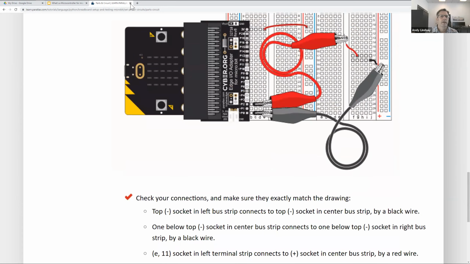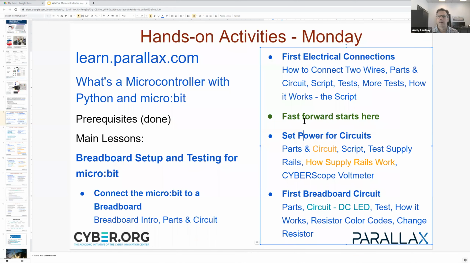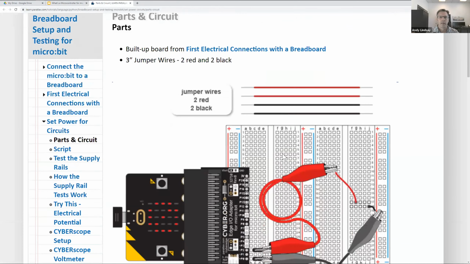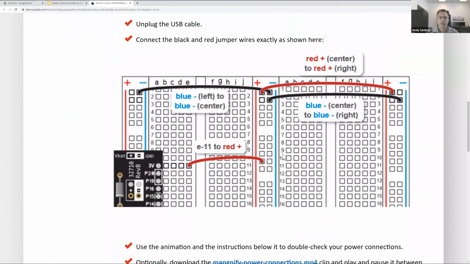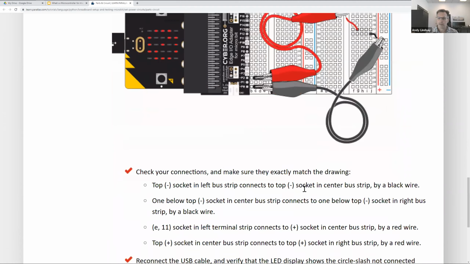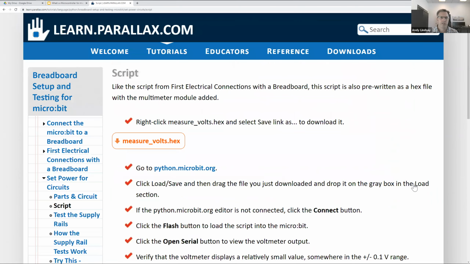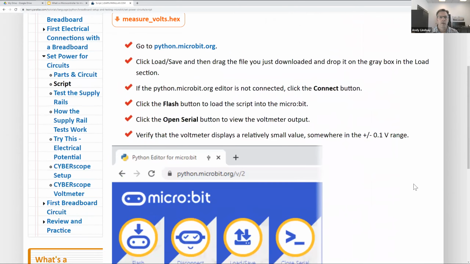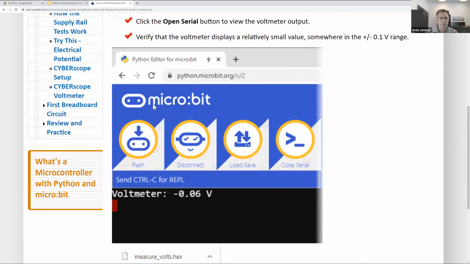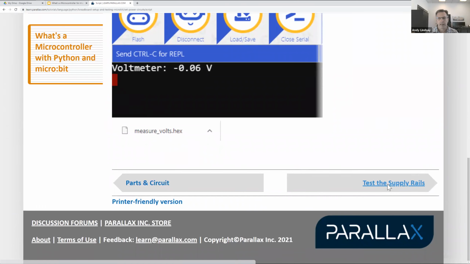Okay, moving on. The next thing to look at is the parts and circuit. I may have just been here. Ah, yes, that is the close-up we were just at. So I think I will continue. One of the things that I'm going to skip is measuring the voltage of those sockets.